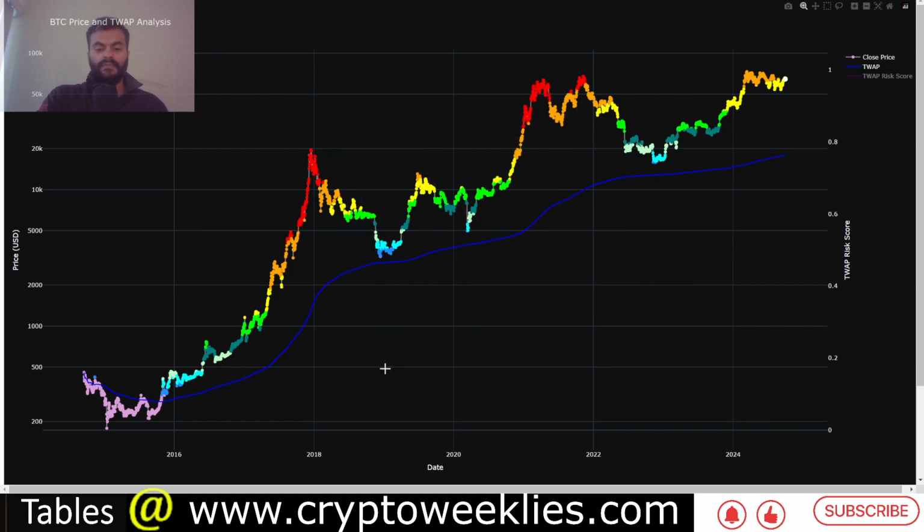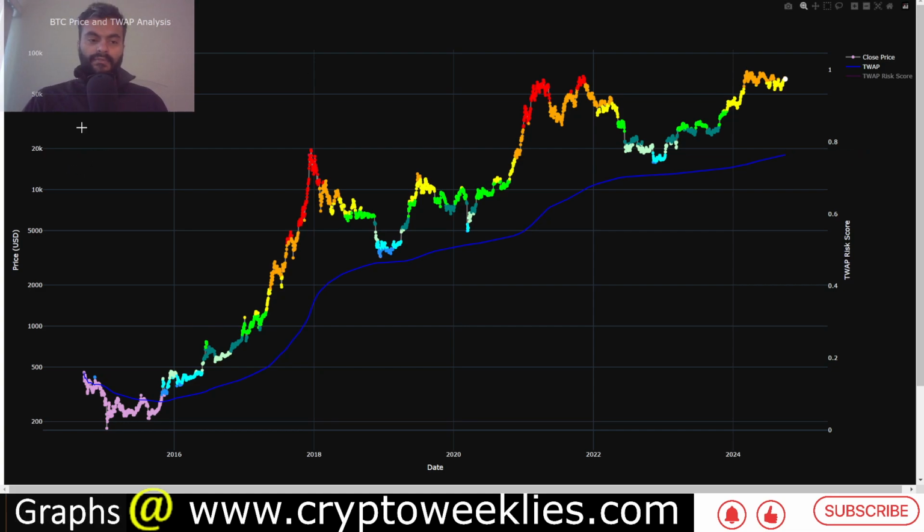That means the likelihood that the distance between the price and the time weighted average price increases further is only 23%. On the other hand, there is a 77% chance that Bitcoin is doing well compared to its time weighted average price.